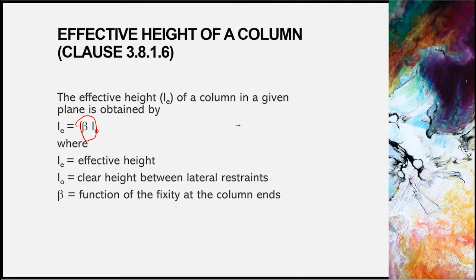LE effective length, so depends lah arah Y atau arah X, and LO is clear height between lateral restraints, so maksudnya height of column lah, nak sampai ke beam tu berapa height dia. Okay, alright.